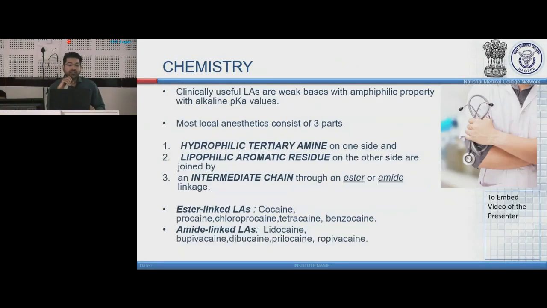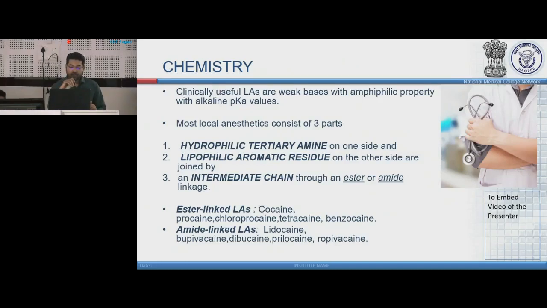Chemistry of local anesthetics. Clinically useful local anesthetics are weak bases with amphiphilic property and alkaline pKa value. Most local anesthetics consist of three parts: tertiary amine, aromatic residue, and intermediate chain.